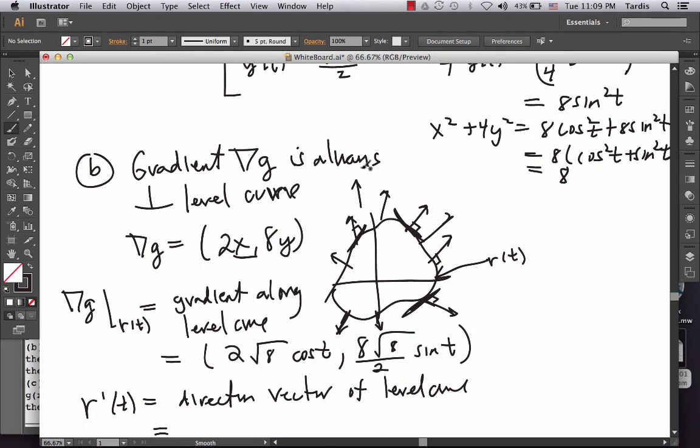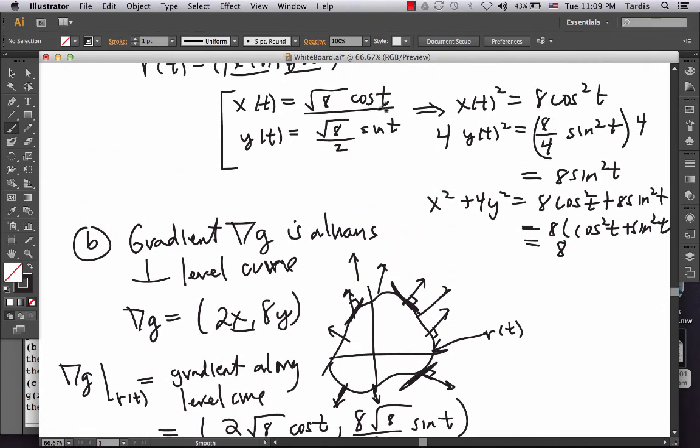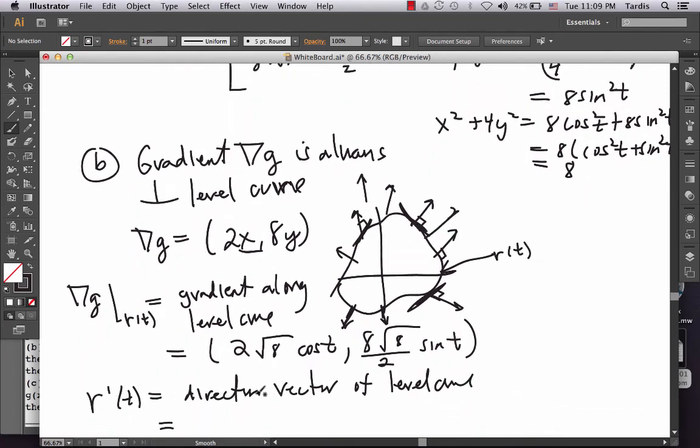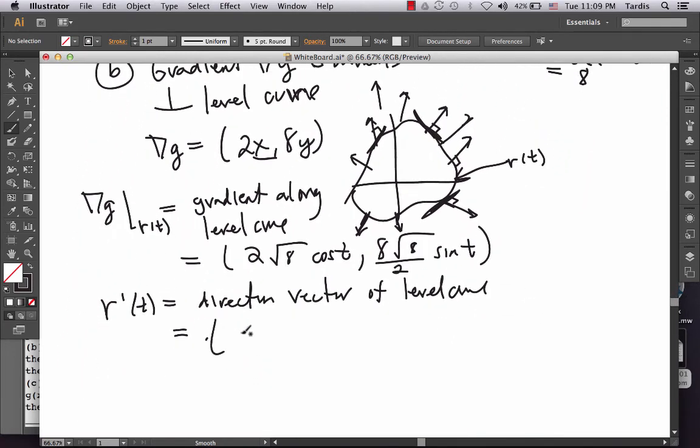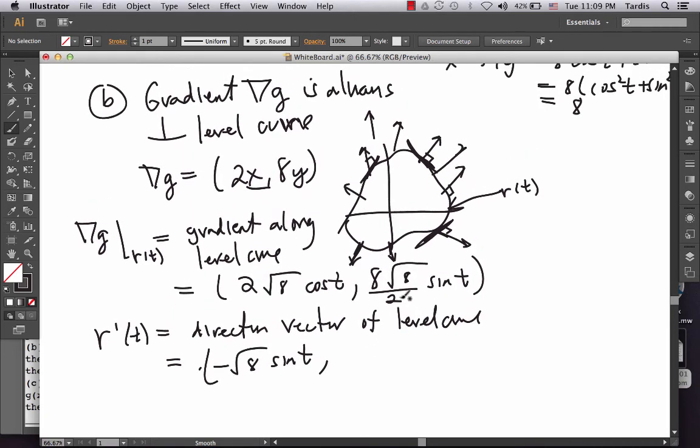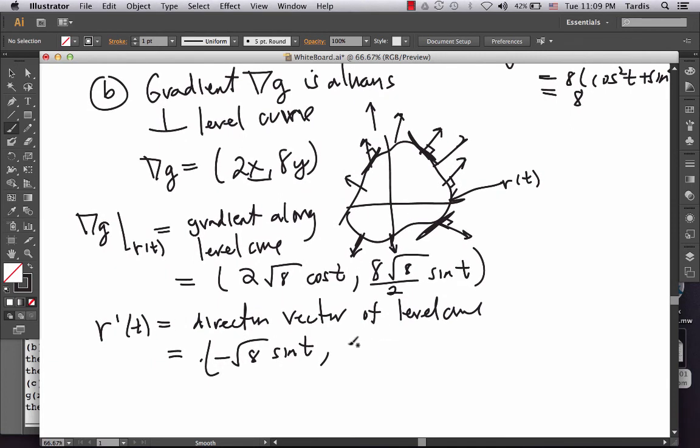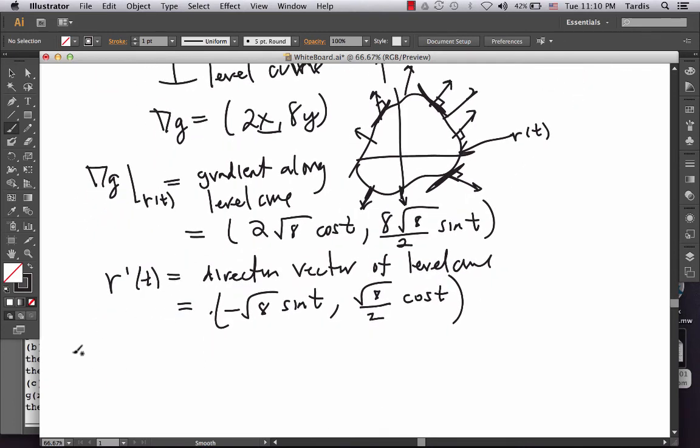The derivative of the curve is going to be the square root of 8 times the derivative of cosine, which is negative sine, so negative square root of 8 sine of t. And then the derivative of the y value is square root of 8 over 2 times the derivative of sine, which is cosine.